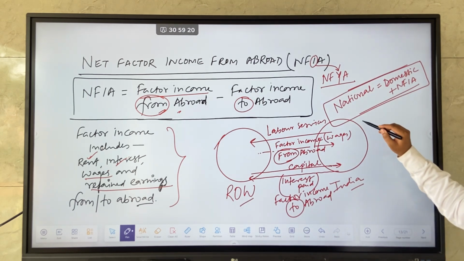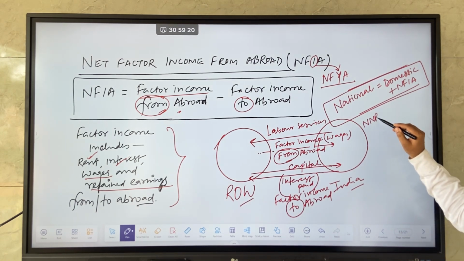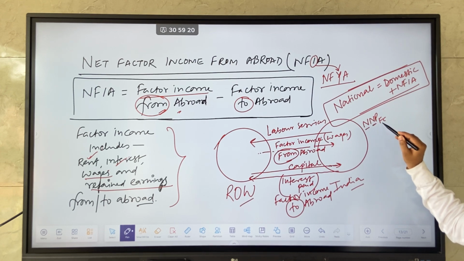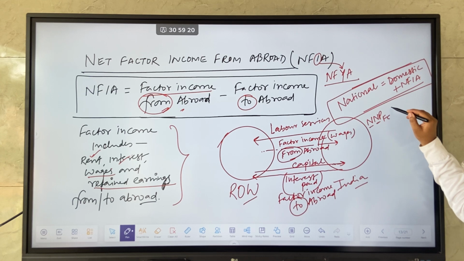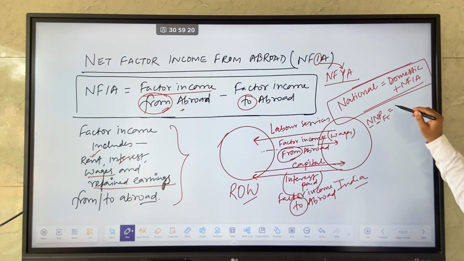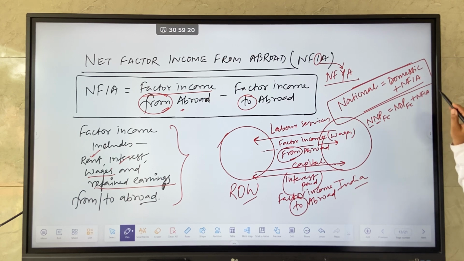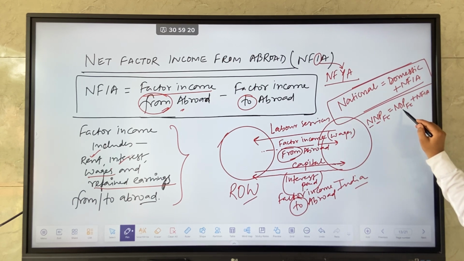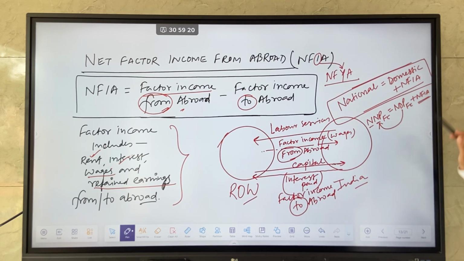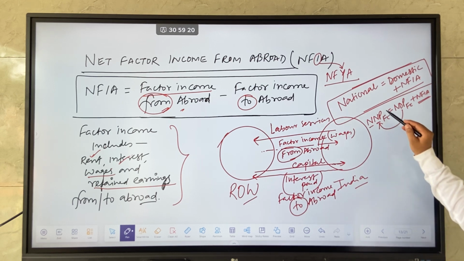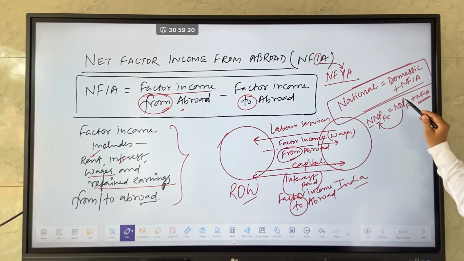A very simple example: if you have to find NNP at FC, that is net national product at factor cost, it is equal to NDP at factor cost plus NFIA. So remember that from domestic to national, we have to add NFIA. I hope it is clear. This is national income, this is domestic income. So when we add NFIA to domestic income, we get national income.